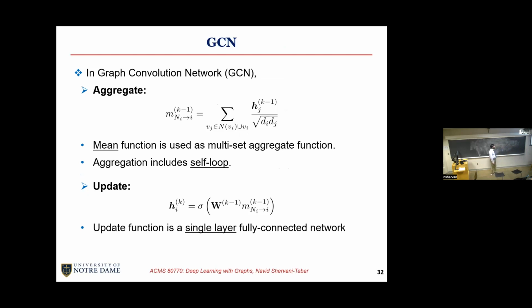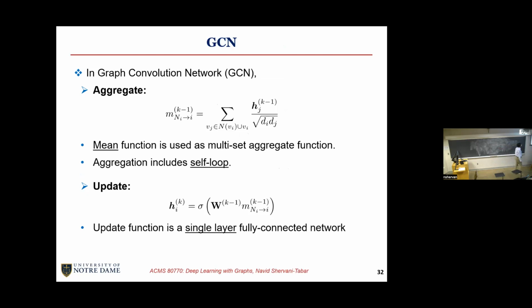So in the graph convolution network, again, we're just looking at the two steps. There are just some variations in the two core steps, but basically all four of these contain aggregate and update steps.